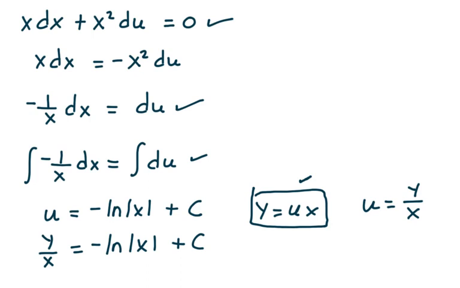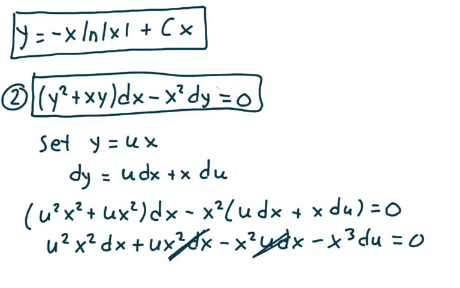Solving for u, we get u equals y over x. So y over x is equal to negative natural log of the absolute value of x plus c, right here. And multiplying both sides by x, we're done. So y is equal to negative x times the natural log of the absolute value of x plus cx.